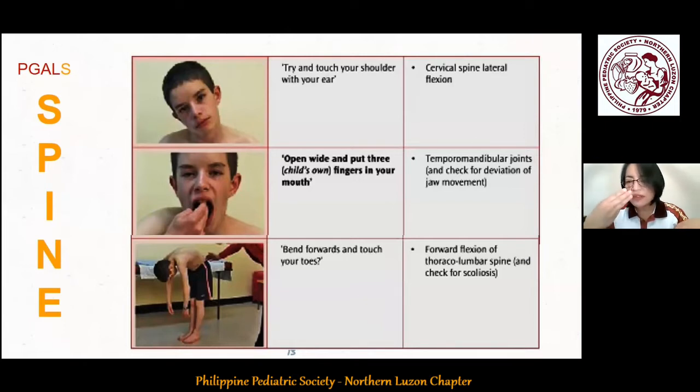If he cannot fit the 3 fingers between the central incisors, then there is a problem in the TMJ area. It could be an early onset JIA that hasn't been detected. So any abnormal findings in any of the pGALS examination will warrant further examination of that area. Okay.